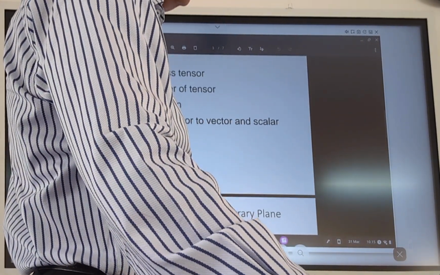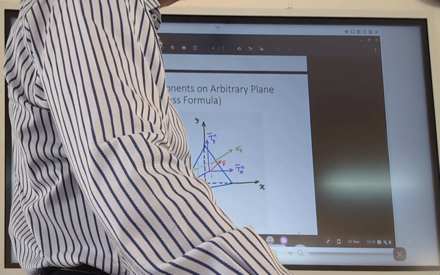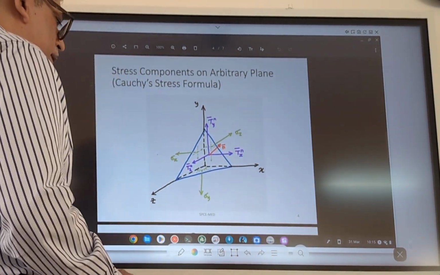Okay, now we will come to what is known as Cauchy's equation.